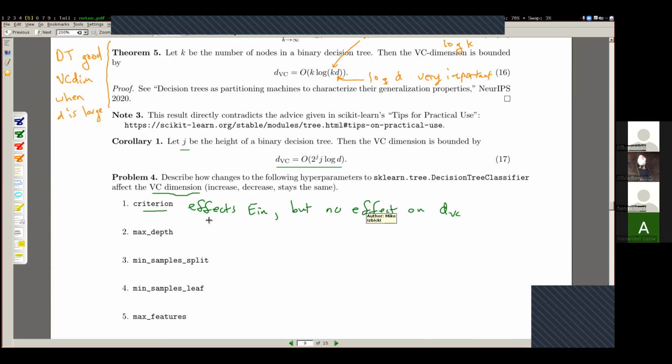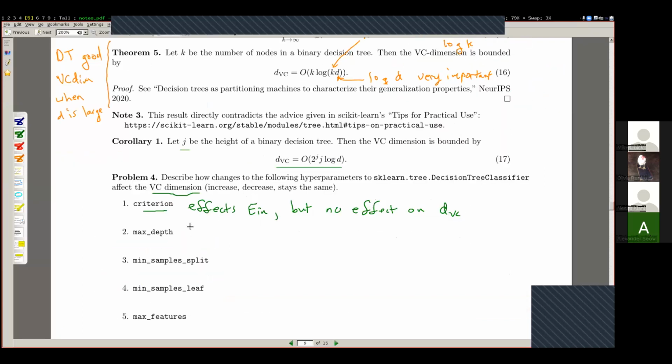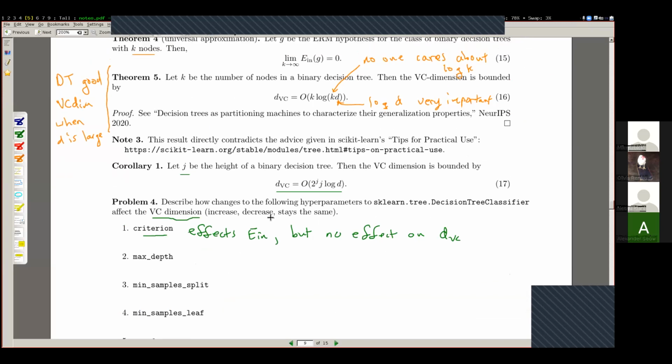The maximum depth, come over to the documentation, the maximum depth of your tree. By making the maximum depth variable right here smaller, you'll make this J variable right here smaller. J is the height, equivalently depth, of your decision tree. Making that smaller will reduce your VC dimension by quite a lot.